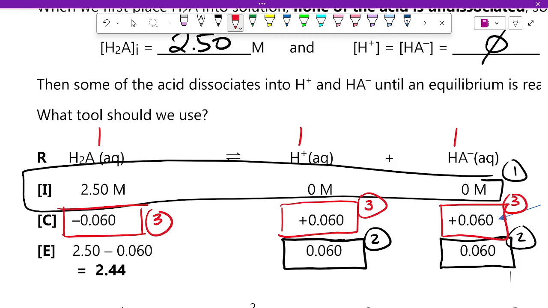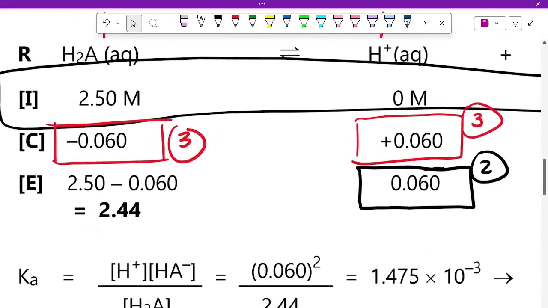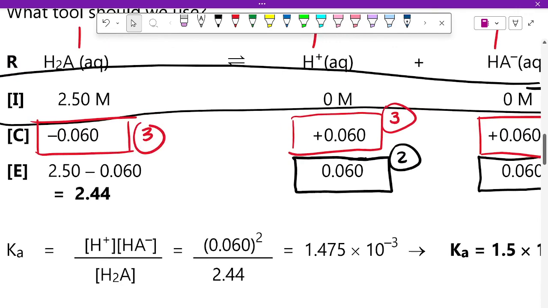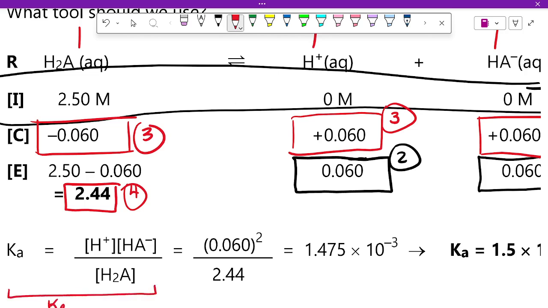And then we do the math on 2.50 minus 0.06, and that's 2.44. So this is going to be our fourth thing that we do here, is we calculate that. Okay, we throw our numbers into our, we write our Ka expression. We still have to do the Ka expression.